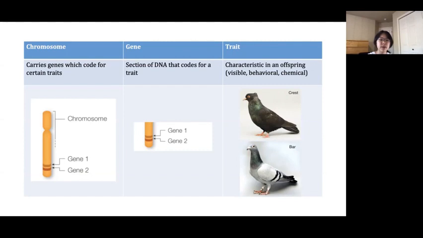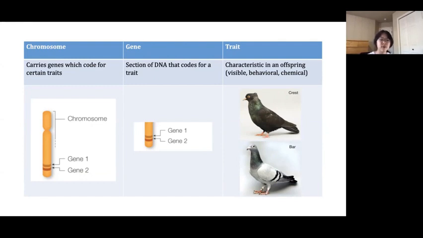Genes are sections of DNA that code for a trait. If you think about it on a size scale, first you have your chromosome as the largest, then your genes, and the smallest of them all is DNA, because DNA is what makes up everything in this.